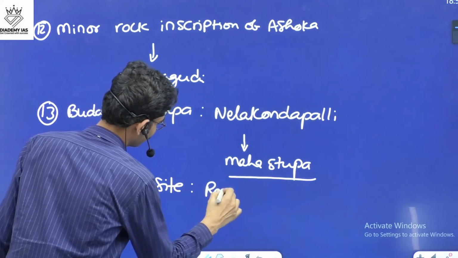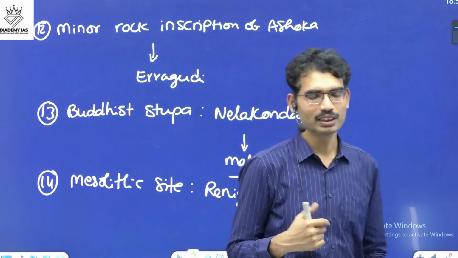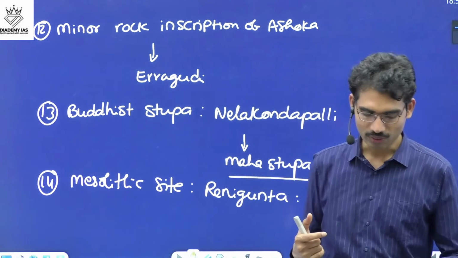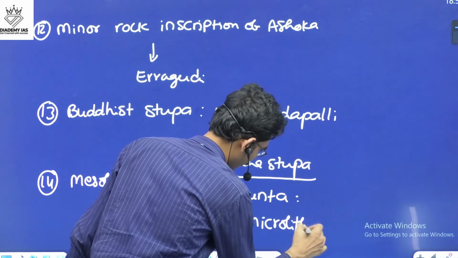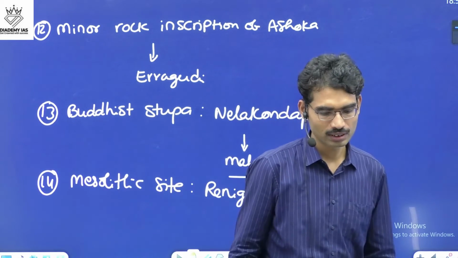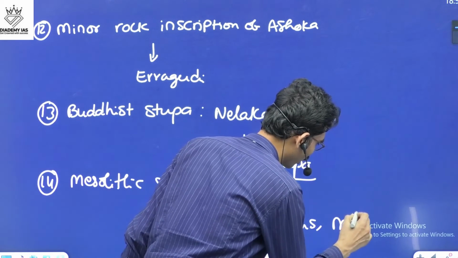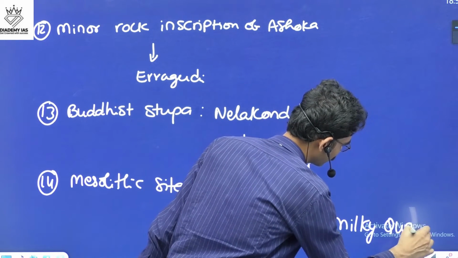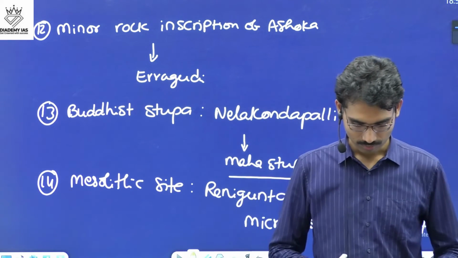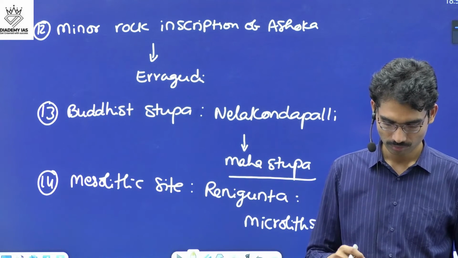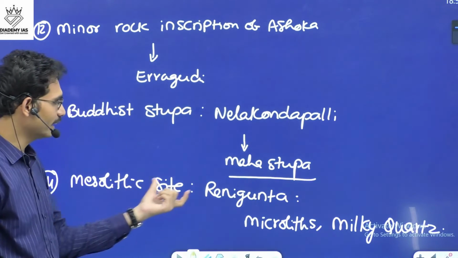In this location, microliths were identified, and these microliths were made out of milky quartz. This is about the Mesolithic site, Renigunta.